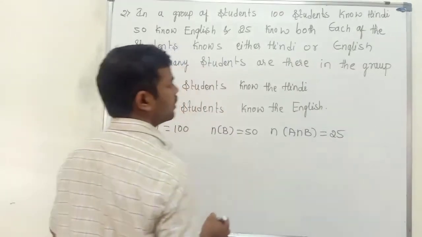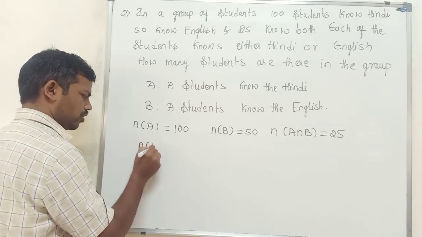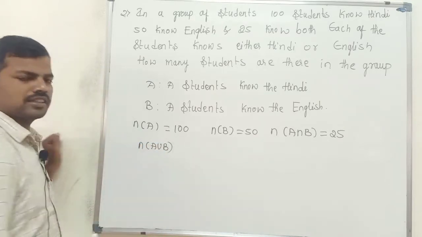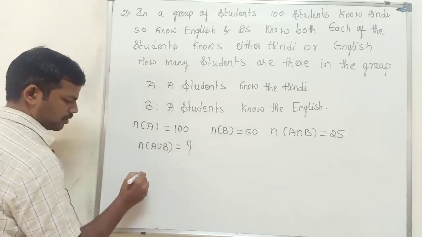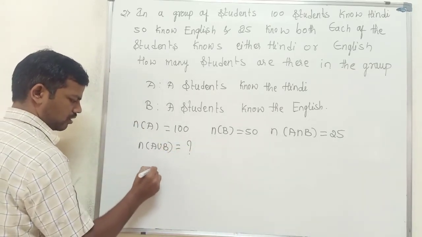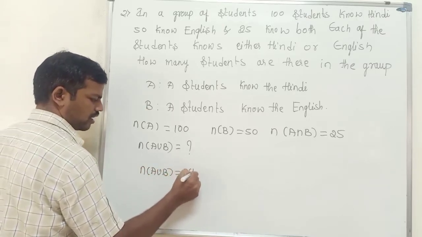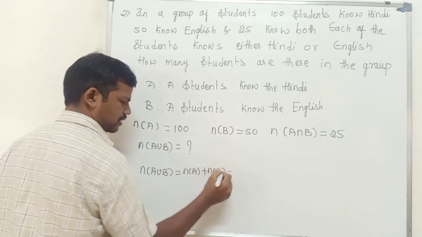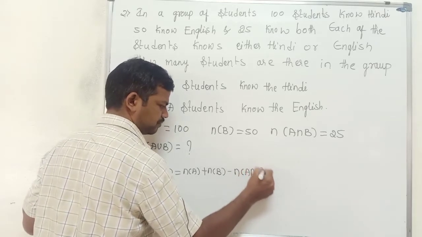Then what we have to find out? The number of A union B. If you find this, it's enough. So we know the formula: N of A union B is equal to N of A plus N of B minus N of A intersection B.